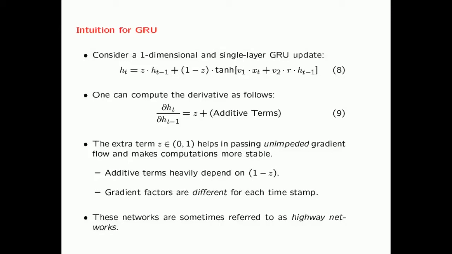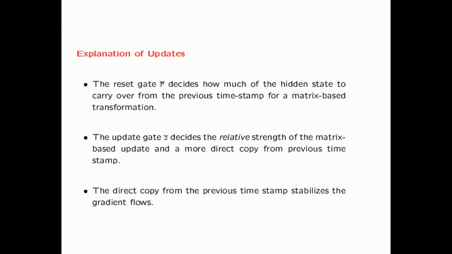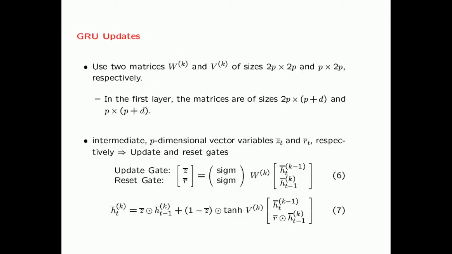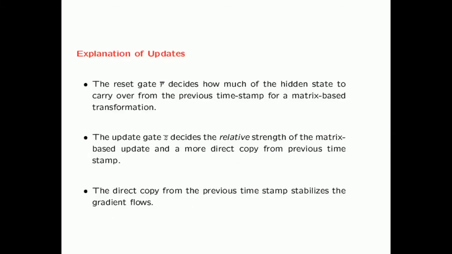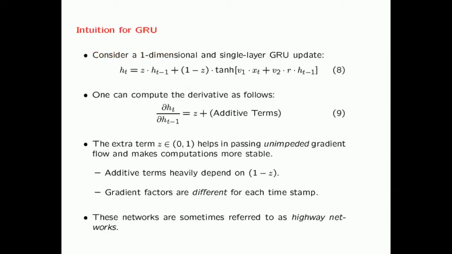Now this V1 and V2 are two elements of your small matrix V. Note that here k is only 1, so we have a single layer matrix, and I don't need a superscript here. We don't have any superscripts in this expression because I'm using a one-dimensional single layer GRU.